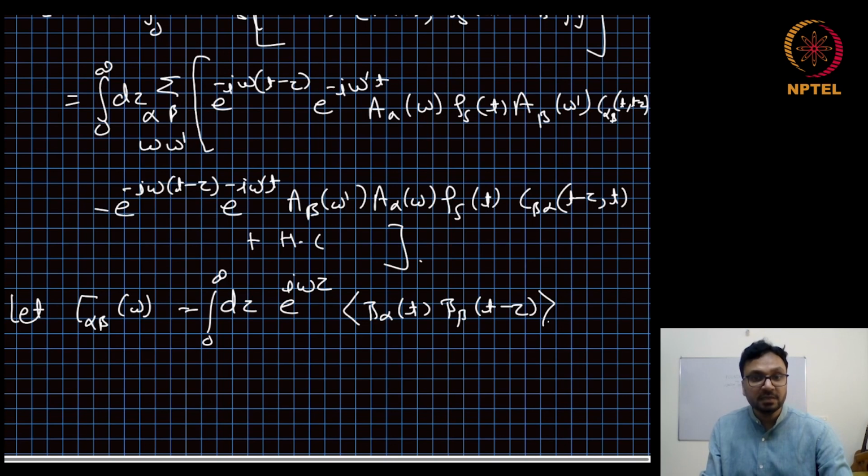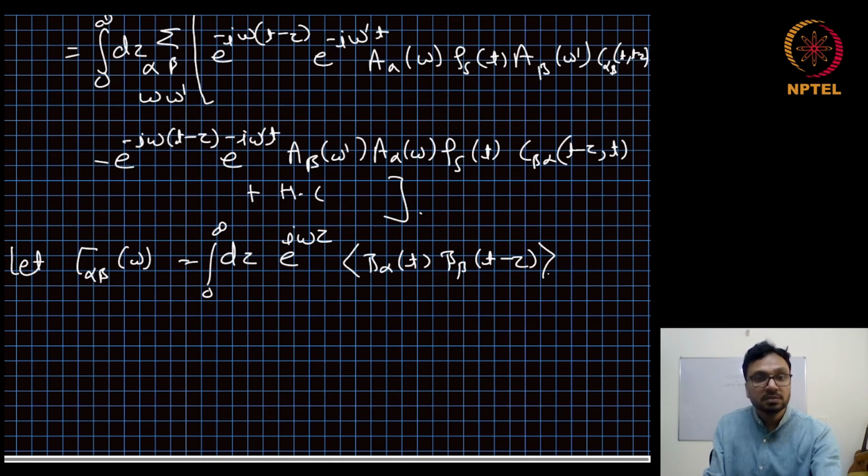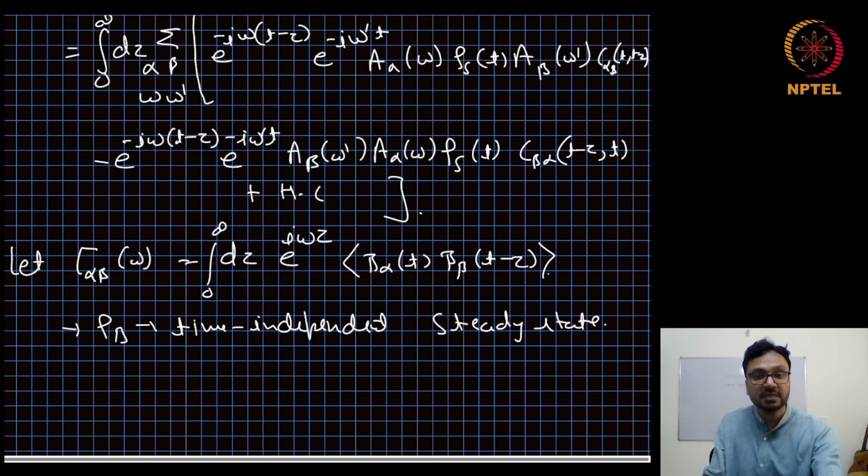So we are defining the Fourier transform of the 2-point correlation functions as gamma alpha beta of omega. Since rho b is time independent, that is a steady state. This was the Born approximation that the state of the bath does not change with time, so it's time independent, so it's a steady state.